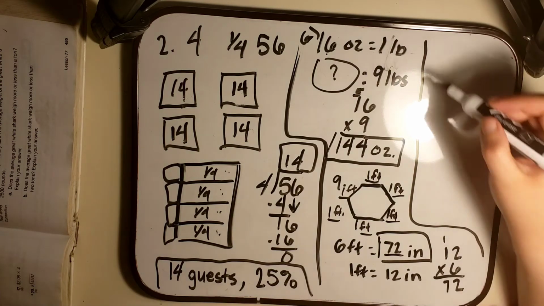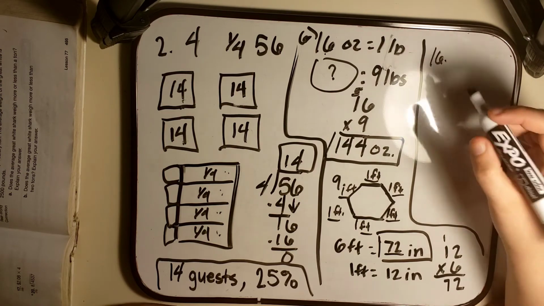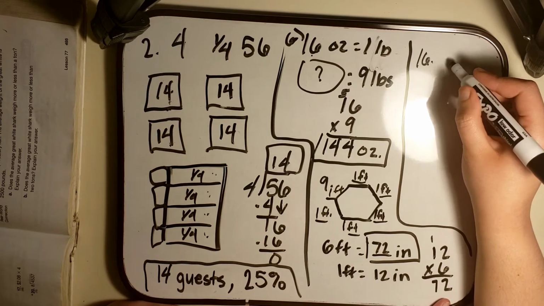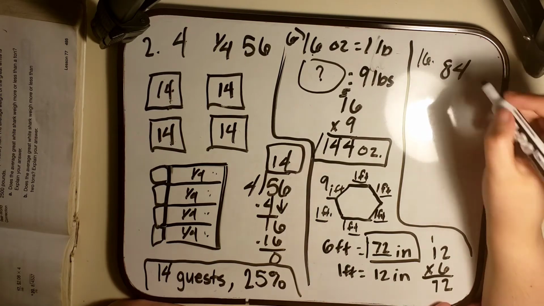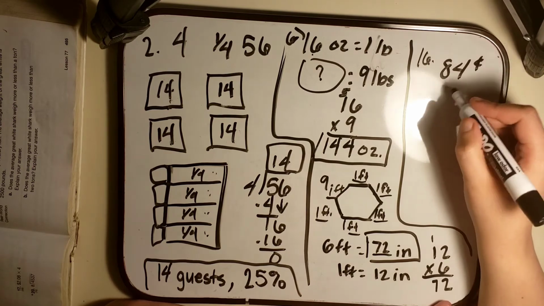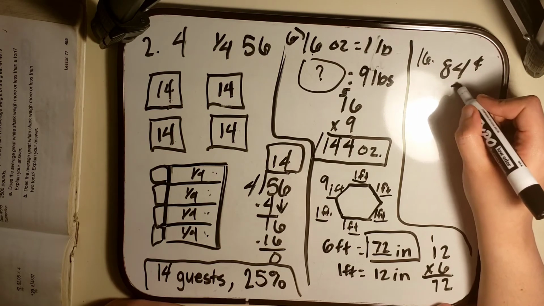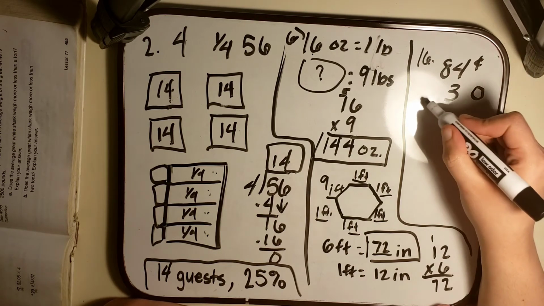Alright, number 16 is next. And 16 is 84 cents. I'm going to do 30 times 84 cents, but I'm going to write it out and do the math. So I'm going to put that 3 there, and this 0 is going to chill out.